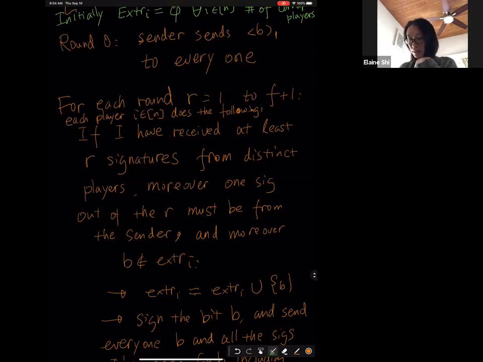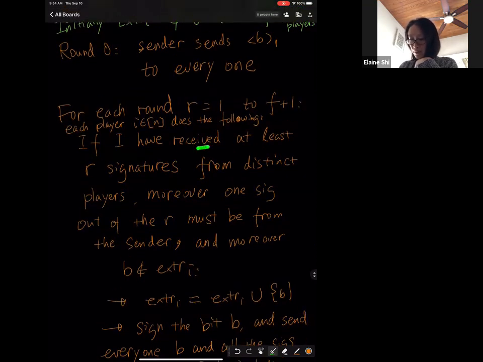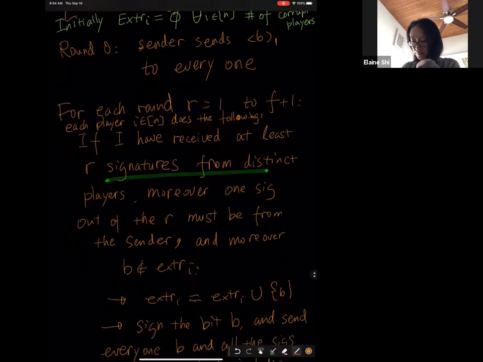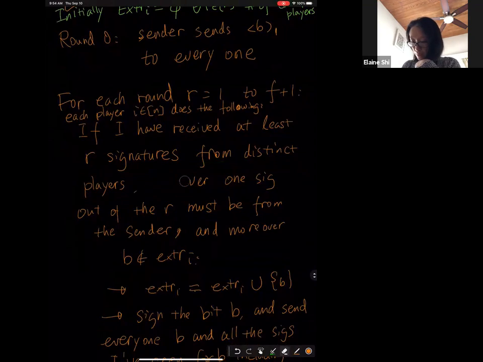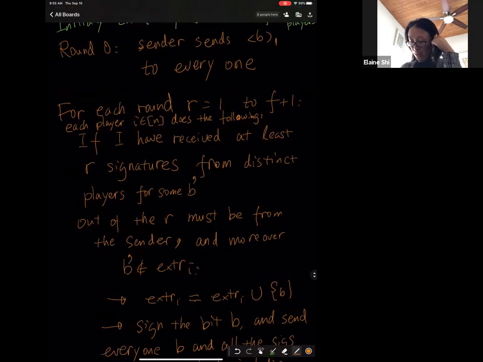So if I have received at least R signatures from distinct players for some bit B prime, and let me use B prime just to differentiate from the sender's input bit B.